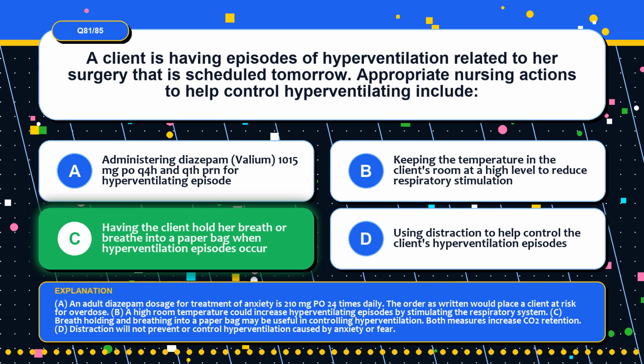B. A high room temperature could increase hyperventilating episodes by stimulating the respiratory system. C. Breath holding and breathing into a paper bag may be useful in controlling hyperventilation. Both measures increase CO2 retention. D. Distraction will not prevent or control hyperventilation caused by anxiety or fear.